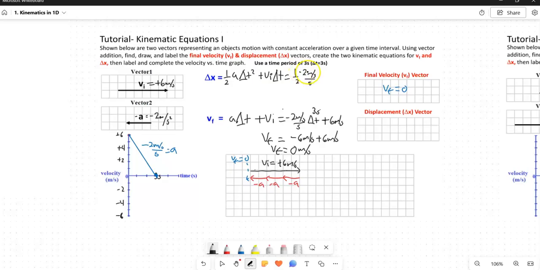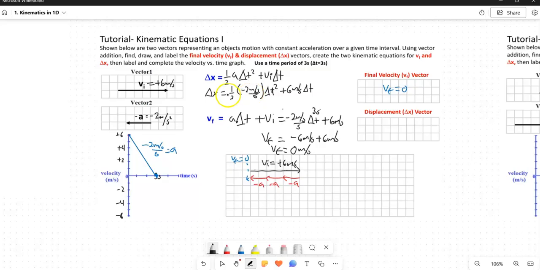You know what? I should do this below here. So this is going to be 1/2 of -2 meters per second change for every second. That's the acceleration, delta t squared, plus the initial velocity, which is positive 6 meters per second, delta t.